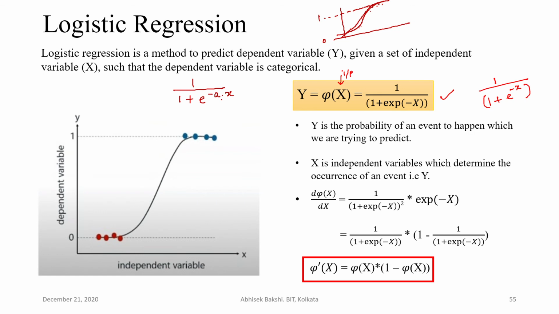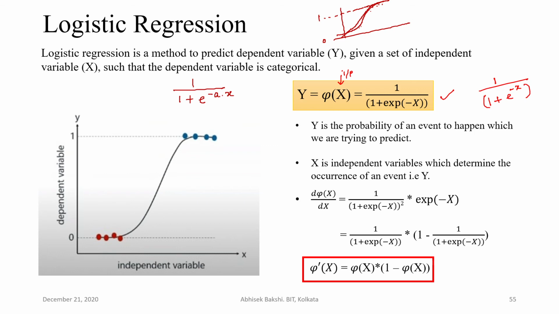Depending on this a, we can produce a smoother or a sharper change of this particular curve from 0 to 1. So basically we can adjust this a such that we can fit most of the points to the sigmoid curve for the training data.